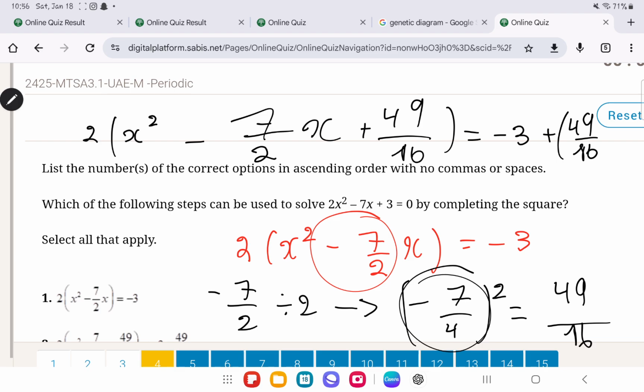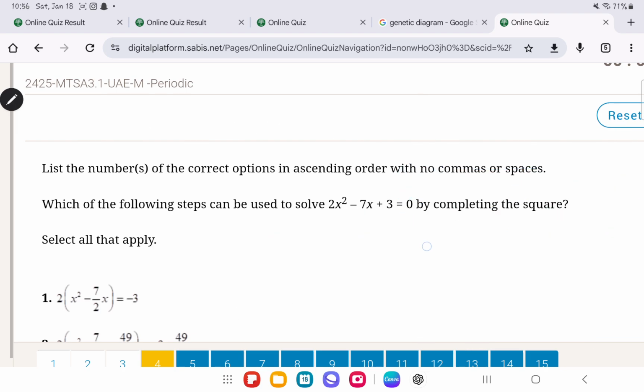But because it is outside of the bracket, we are going to multiply it by 2. Multiplying it by 2 will give us then an answer of 2x squared minus 7 over 2x plus 49 over 16 is equal to minus 3 plus 49 over 8.